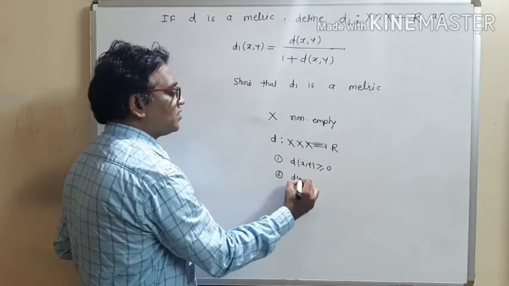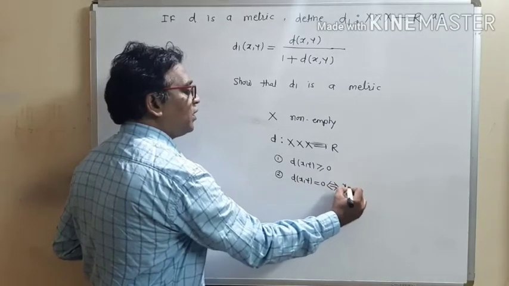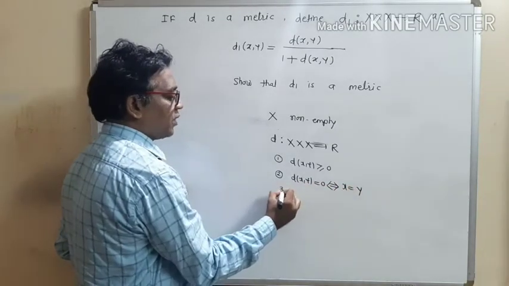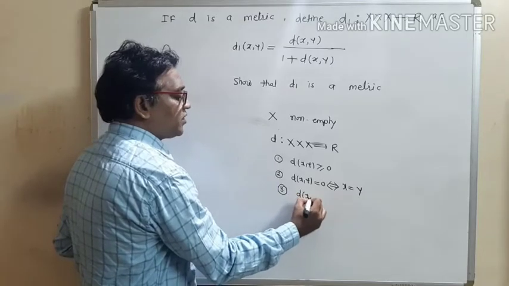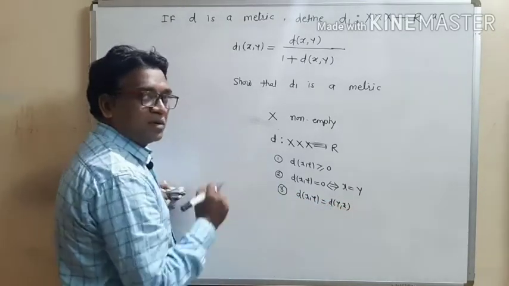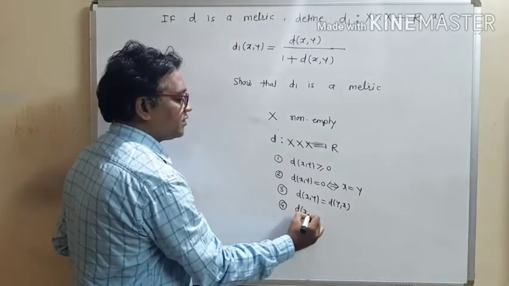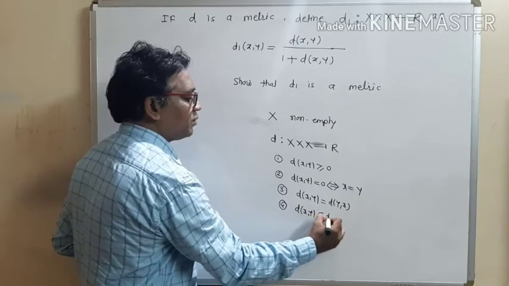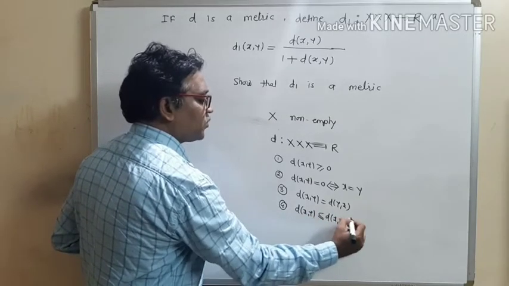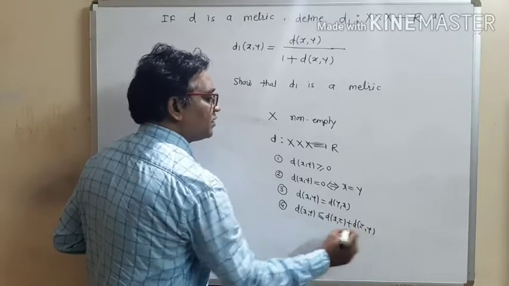Second condition, distance of x,y is equal to 0 if and only if x equals y. Distance of x,y is equal to distance of y,x. This is called the symmetric property. And the fourth property, this is the triangle inequality property: distance of x,y is less than or equal to distance of x,z plus distance of z,y.